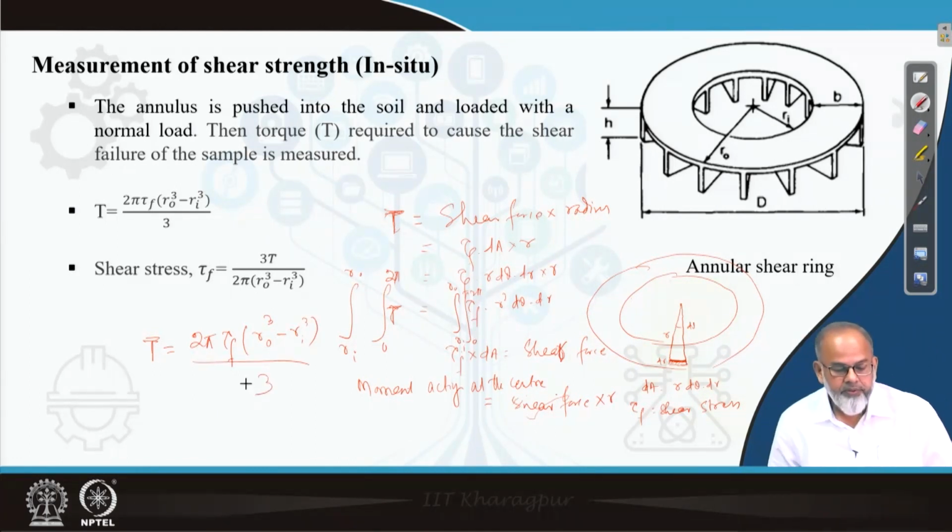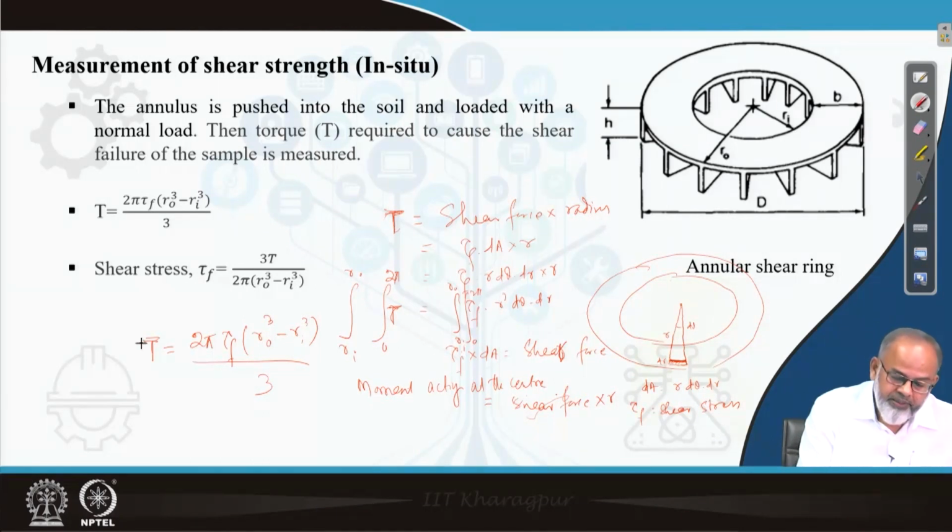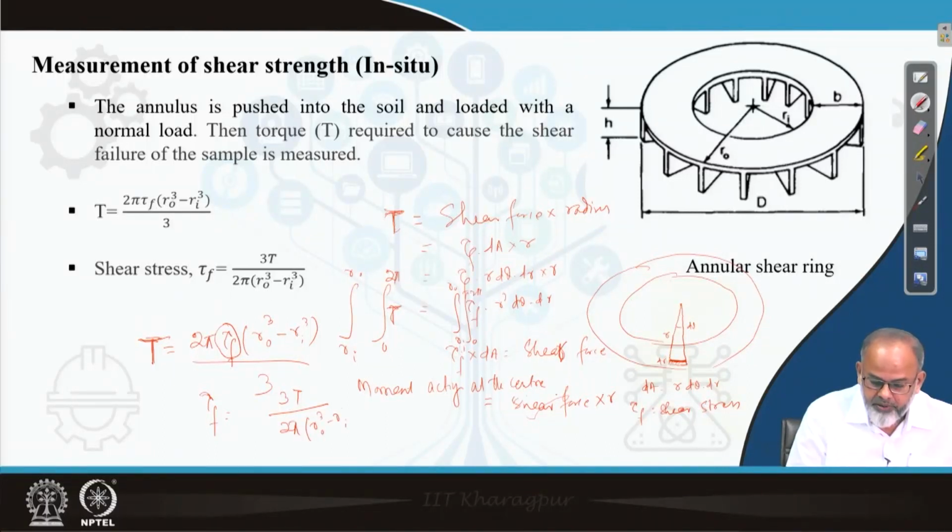So, this is how we get the expression. Now, if we can measure torque, then shear stress can be calculated. Shear stress will be equal to 3T by 2 pi (r0 cubed minus ri cubed). So, this is how we arrived at this equation.